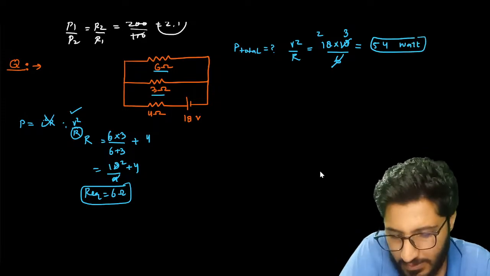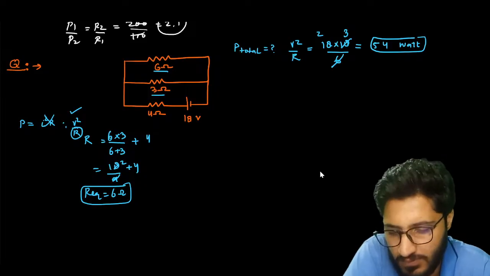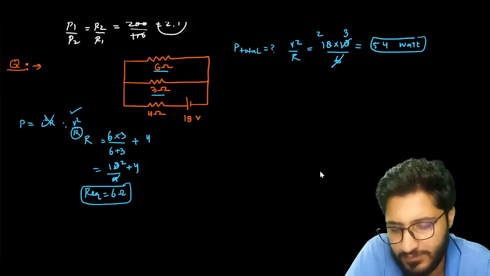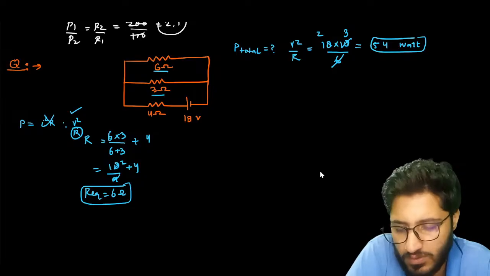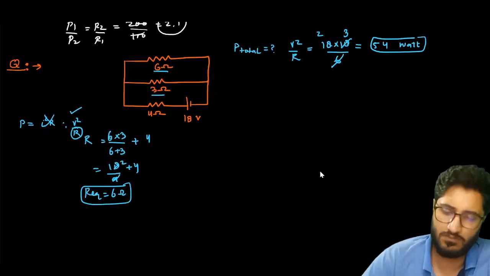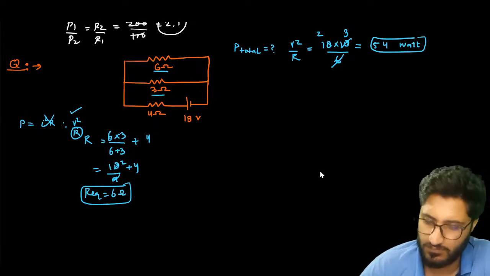Sir, please explain the previous one. Which one, beta? 2 is to 1? That one?